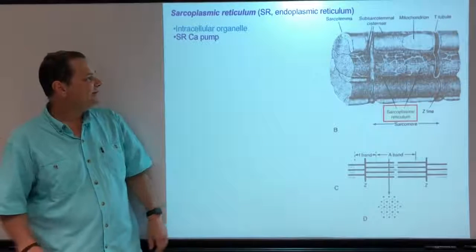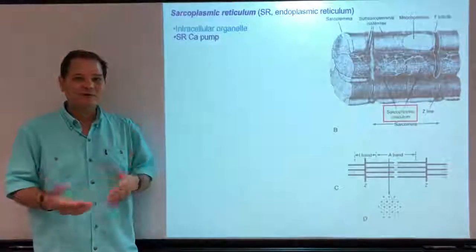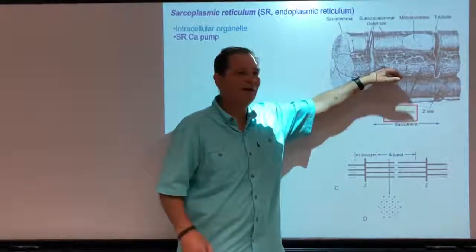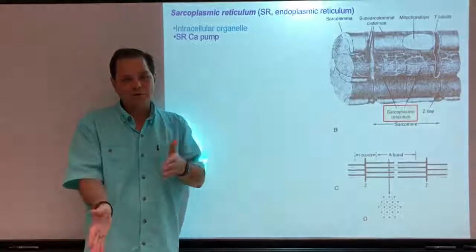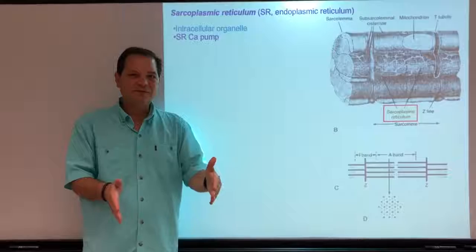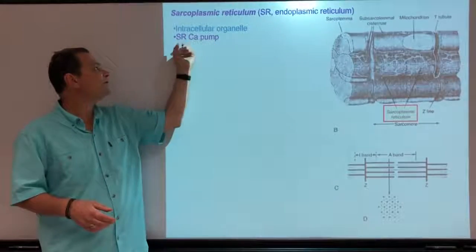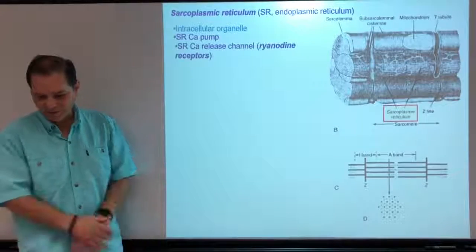And it has numerous calcium pumps that do active transport of calcium, and that causes calcium to be accumulated at high concentrations inside the SR. So calcium is transported from the cytosol, where it's low, to the lumen of the sarcoplasmic reticulum, where it's high, through active transport through the SR calcium pump in that SR membrane.